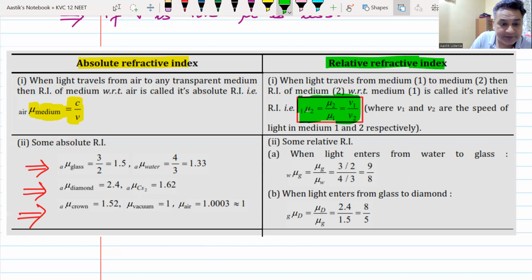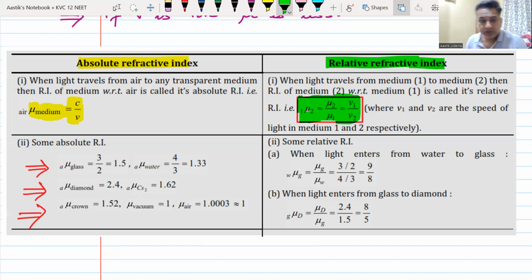This is all about refractive index. Now, we have seen that when light travels from one medium to another, mu will change, V will change. If it goes from rarer to denser, what will happen? If it goes from denser to rarer, what will happen? We will also see this.